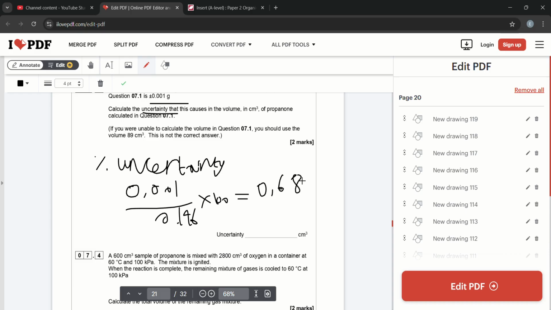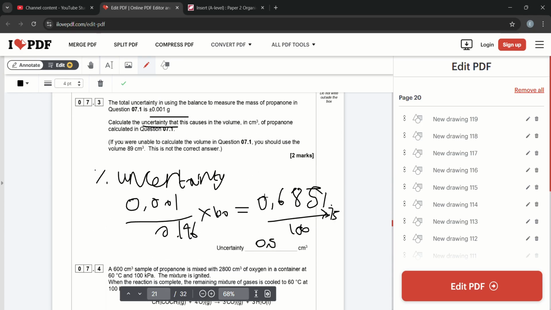Therefore, to find the uncertainty in the volume in centimeters cubed of propanol, all we do is 0.685 divided by 100 times the volume, which is 75 or 74.7, and you should get 0.5 centimeters cubed.